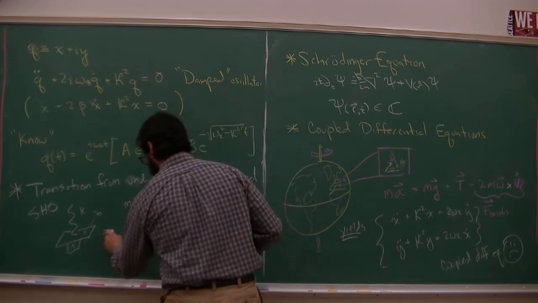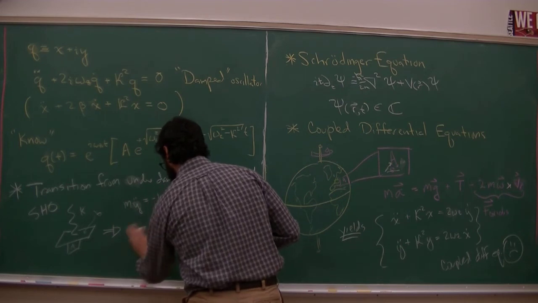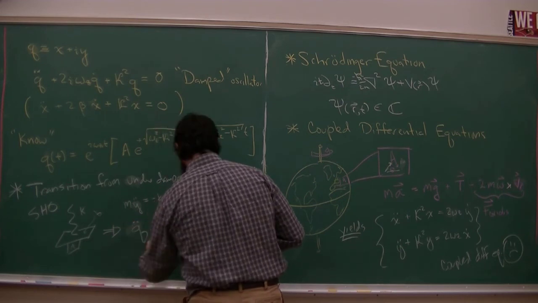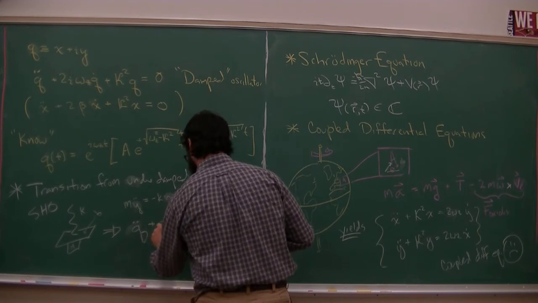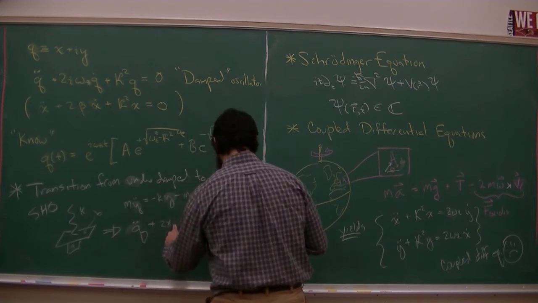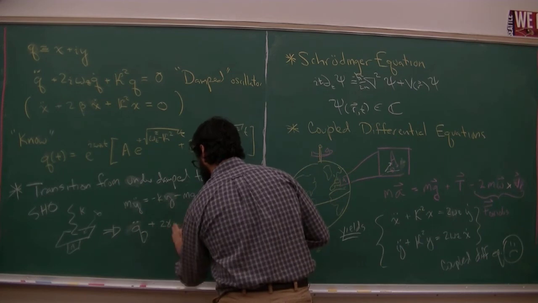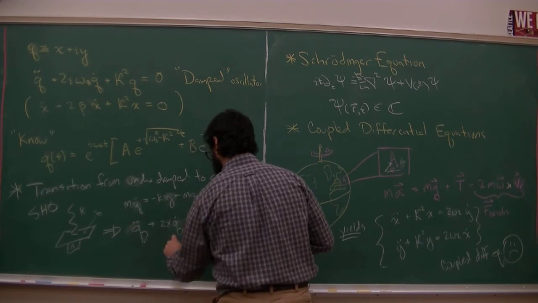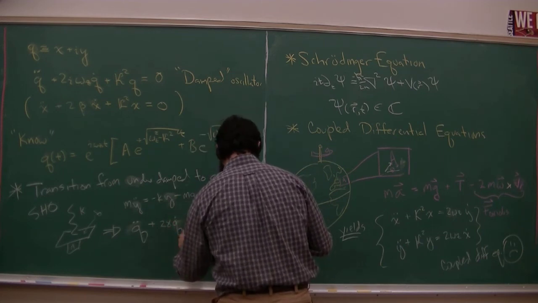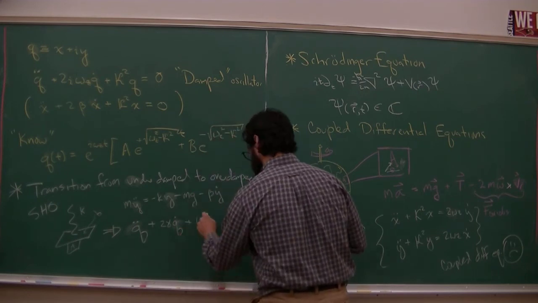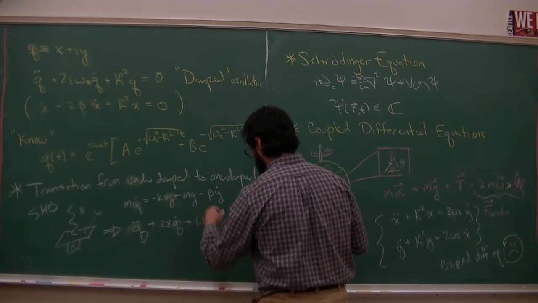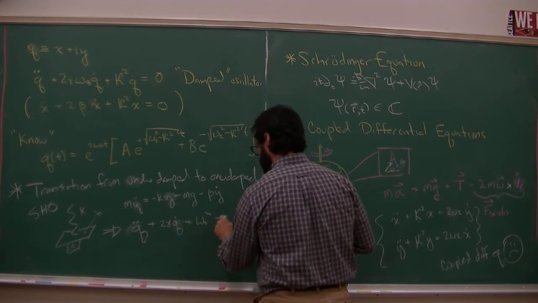So we could do some shuffling, and we could make this look even more reminiscent of the thing we have up there. So you could get q double dot plus 2 gamma q dot, kind of rephrasing and dividing, where gamma is this beta over 2m, and then omega naught squared is k over m, equals 0.